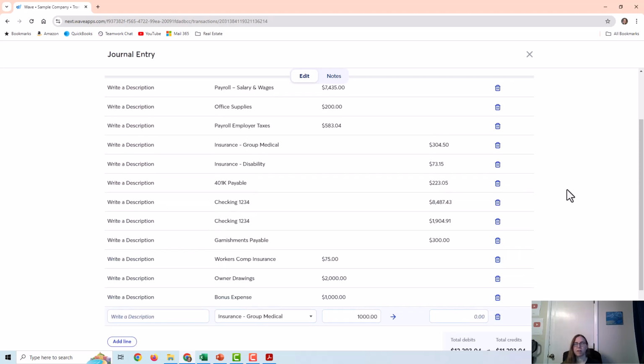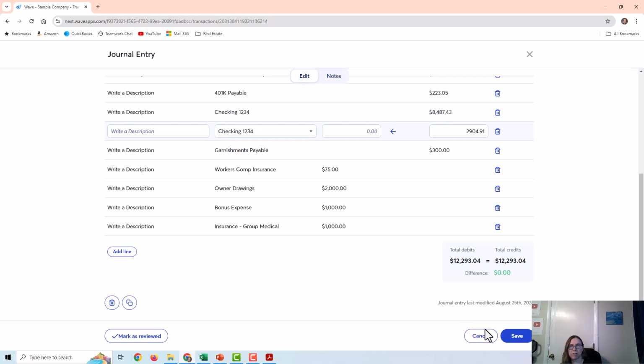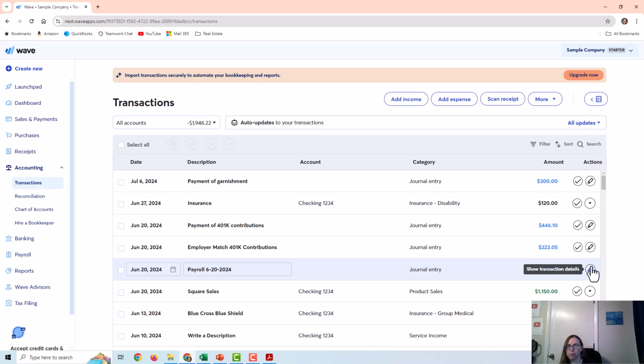Now, if the company is paying the health insurance through the payroll processing service, then that also is going to change how much that payroll processing service deducts from their checking account. So that's going to also change the payment for taxes and withholdings and expenses. So that is going to add another $1,000 here. So I'm going to go ahead and save this and move to the next example. And then I'm going to do one more example.